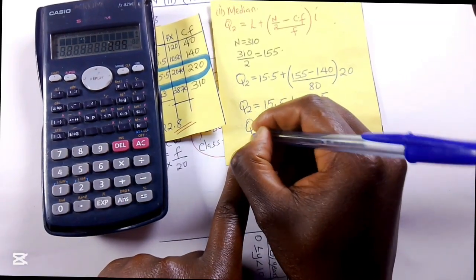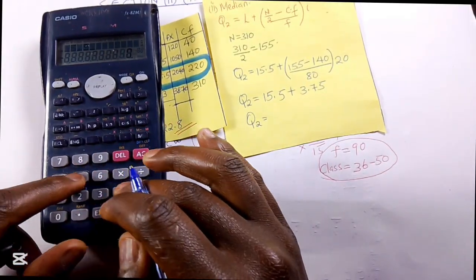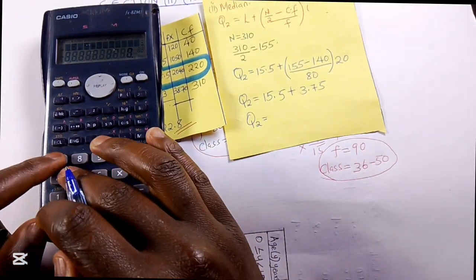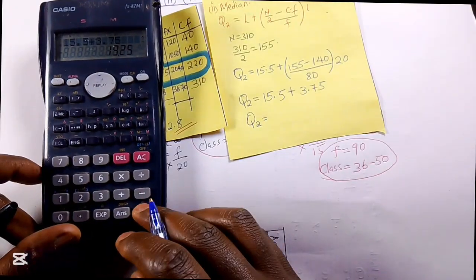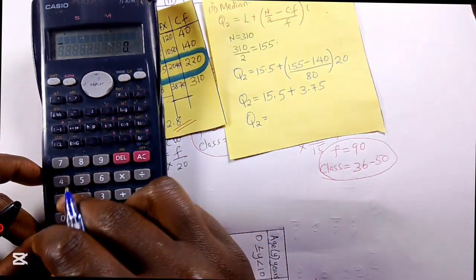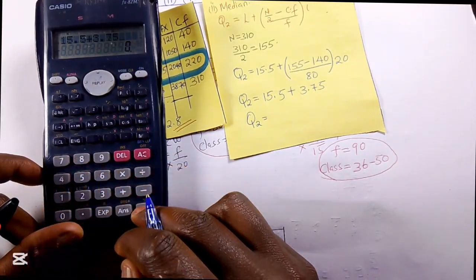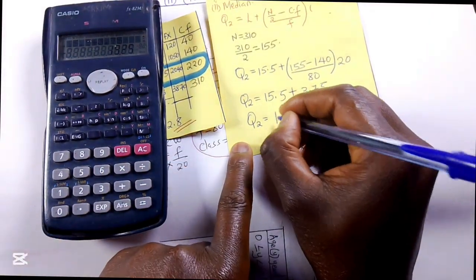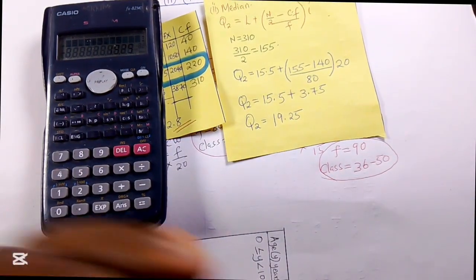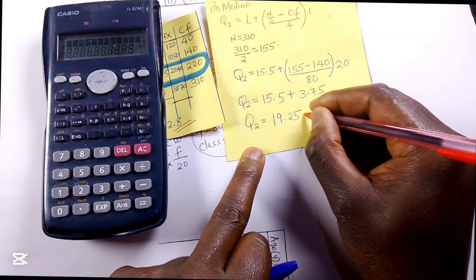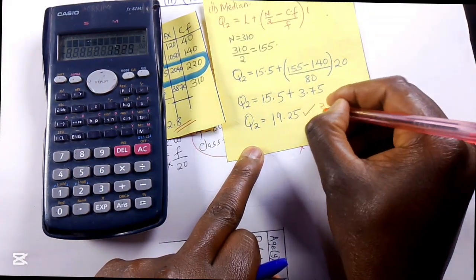So our median will be equivalent to 15.5 plus 3.75, and that will be 19.25. So by doing that, you have gotten your answer correct, and that question on median was 3 marks.